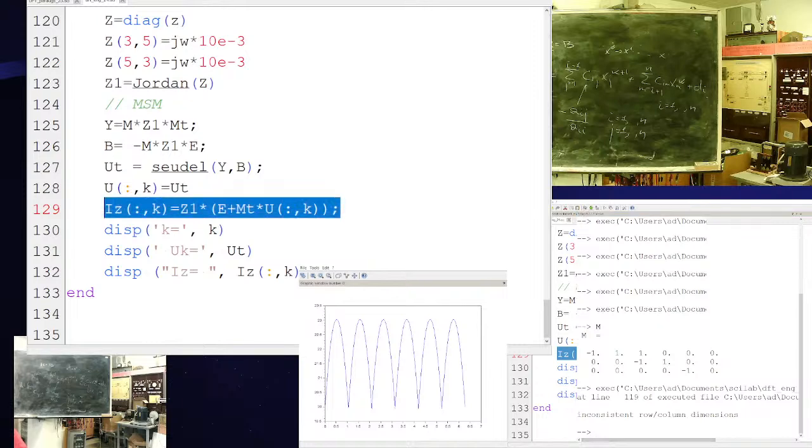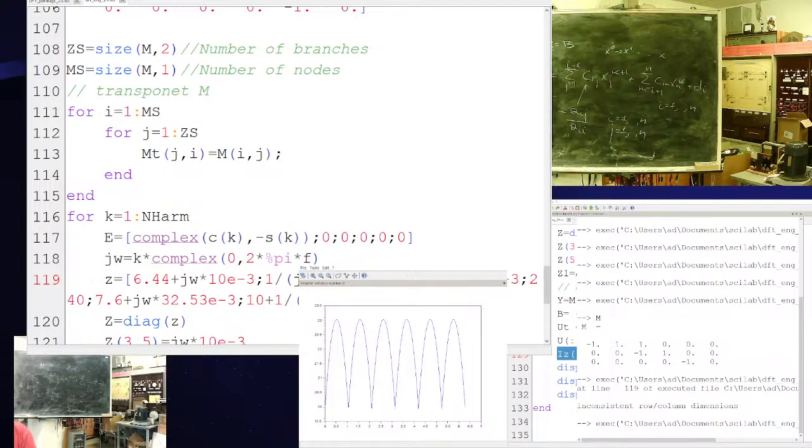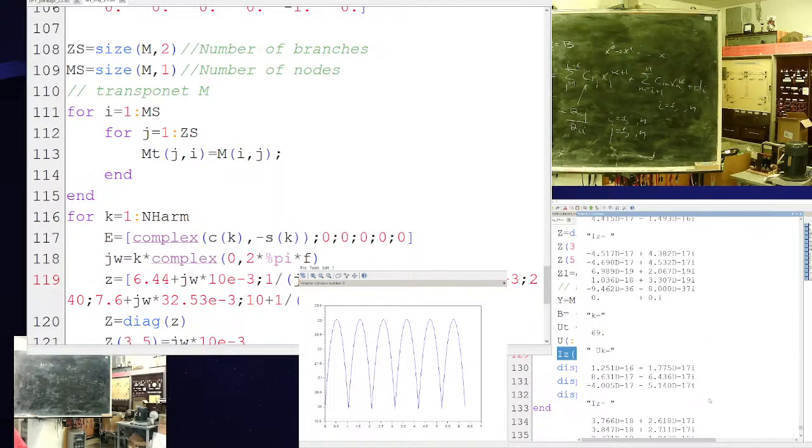Tiny problem, 190. Where is my mistake? Inconsistent row. Oh, work. Yeah.